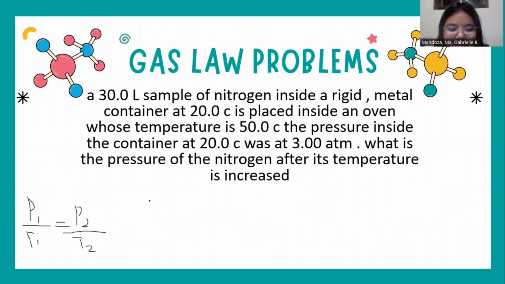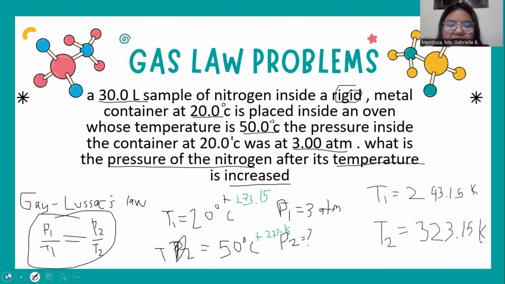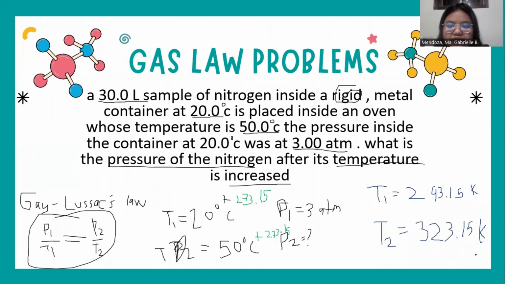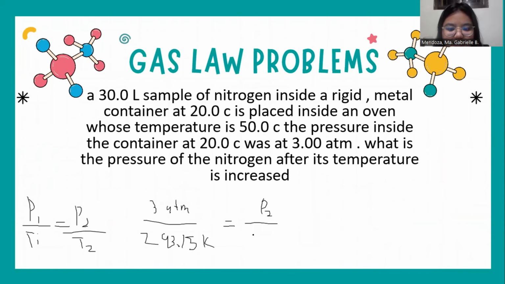Our P1, that would be 3 atm over T1, that would be 293.15 K, equals P2 over our second temperature, 50 degrees Celsius, which we changed into Kelvin, so that would be 323.15 K.